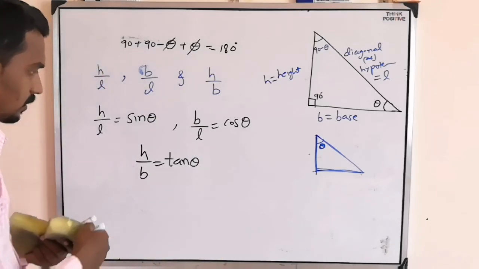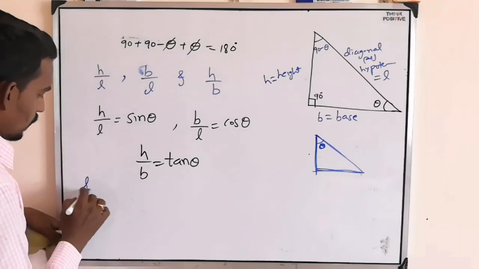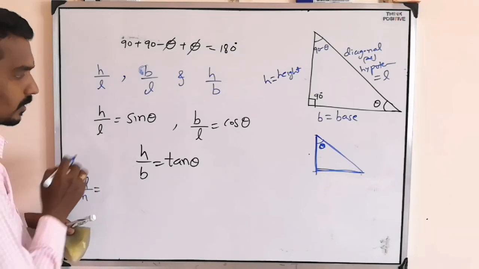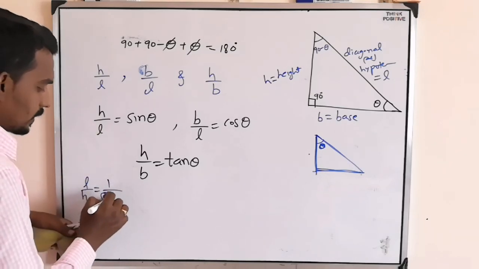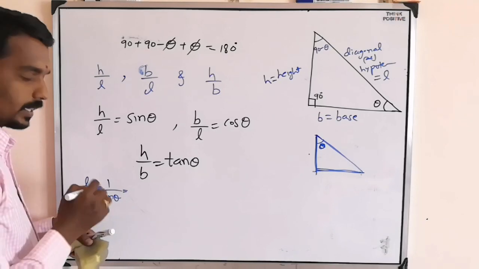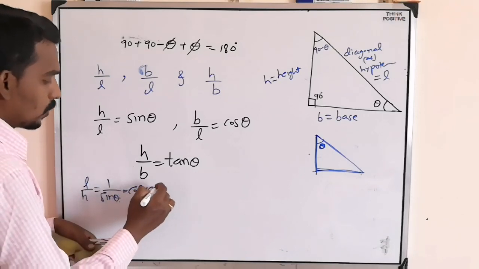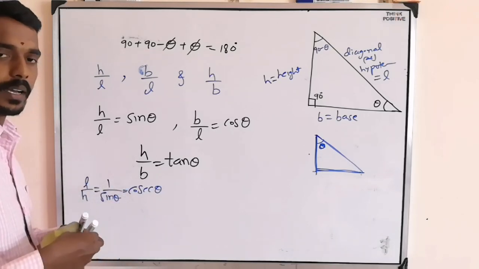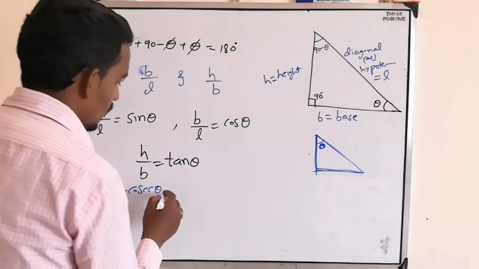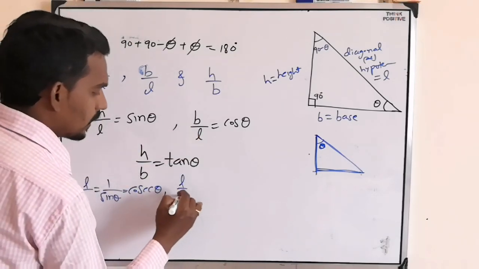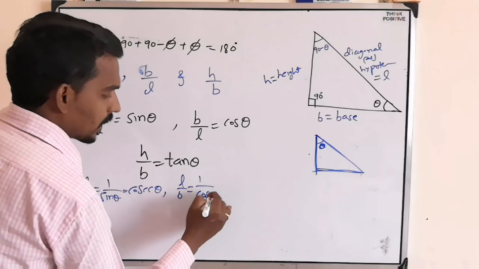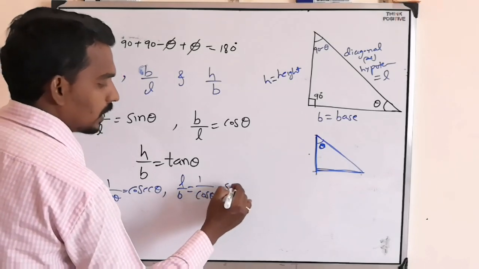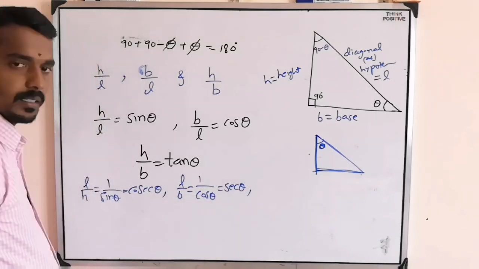L by H is nothing but 1 by sin theta. They have defined it as cosecant theta. Similarly, L by B, that is 1 by cos theta, that is nothing but secant theta.